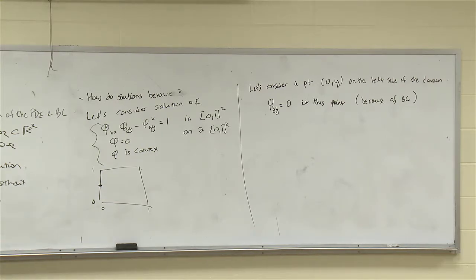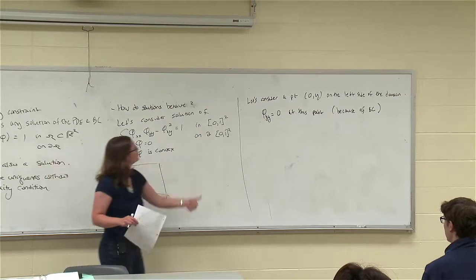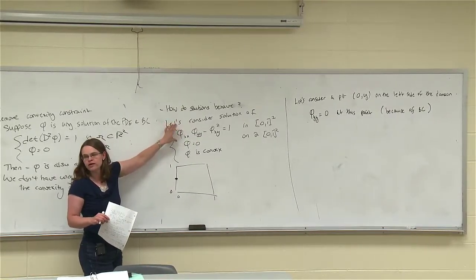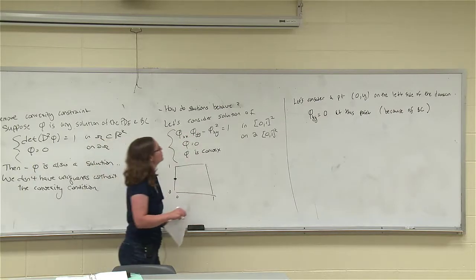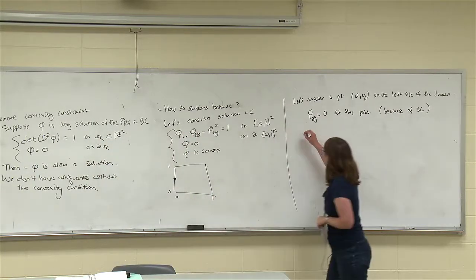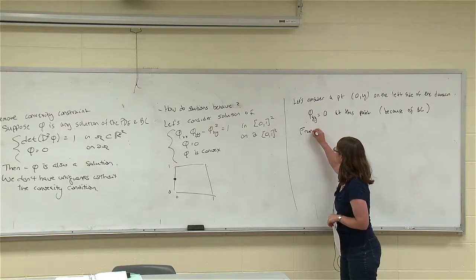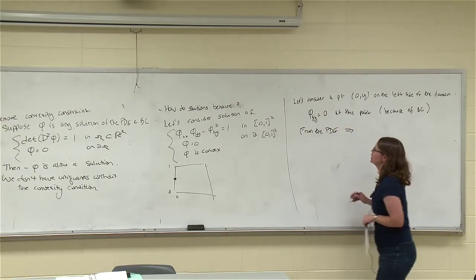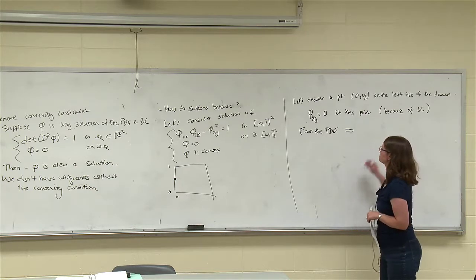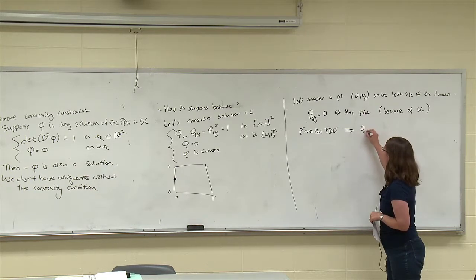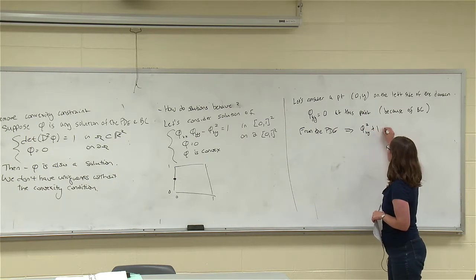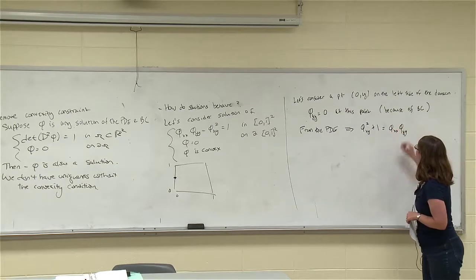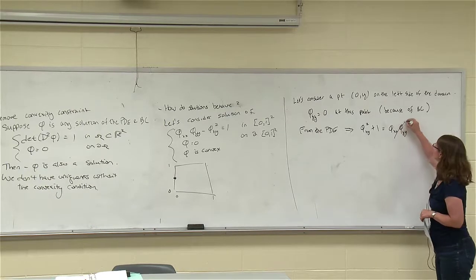So we can learn a little more about phi by saying, okay, phi yy equals 0. Moreover, we have a PDE that phi satisfies, that involves phi yy. We can plug that in here. So from the PDE, what do we get? We get that phi xy squared plus 1 is equal to phi xx, phi yy, which is 0.